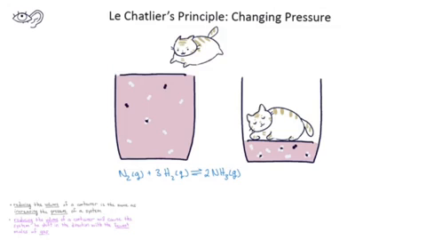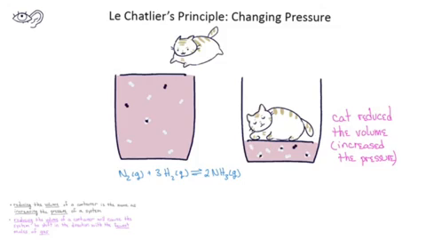Once the cat jumps on the top of the canister and compresses it, increasing the pressure or decreasing the volume of the container, we see that the system has shifted. Now there's 3 moles of ammonia, the product, only 1 mole of nitrogen, and 3 moles of hydrogen.